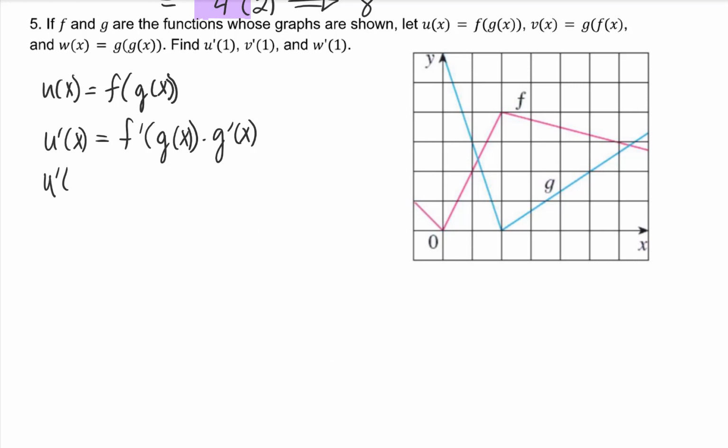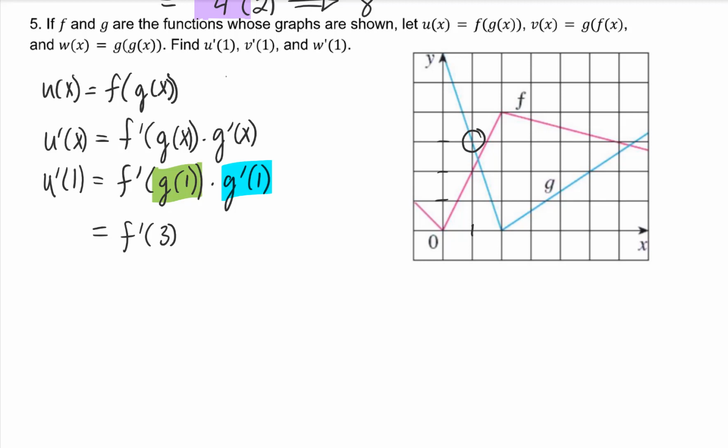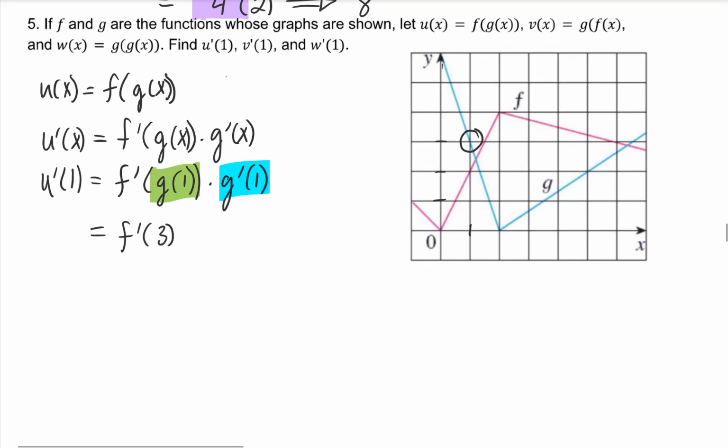If we're evaluating that at 1, g of 1 is the y value for g at x equals 1. That is 3. G prime of 1 is the slope of the g graph at x equals 1. You can see there's a line here, and the slope of that line is negative 3 over 1.